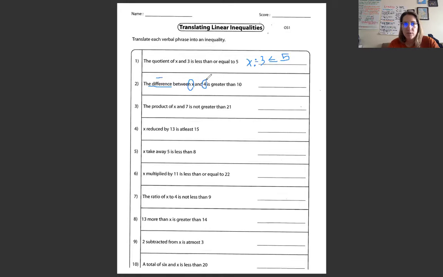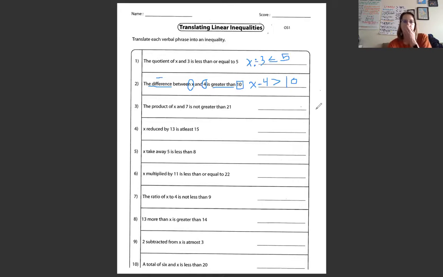So we're looking at the difference between x and 4, and then it's going to be greater than 10. So we got x and 4, and we're talking about the difference of those, and then that's got to be greater than 10.